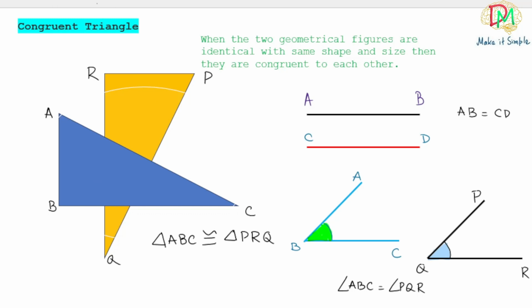Which are those corresponding parts? Now look at this. This is identical to this part. This part is identical to this part. And next, this part is identical to this part.